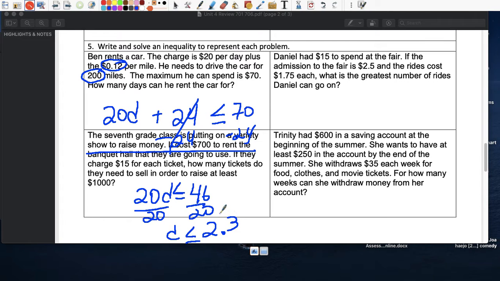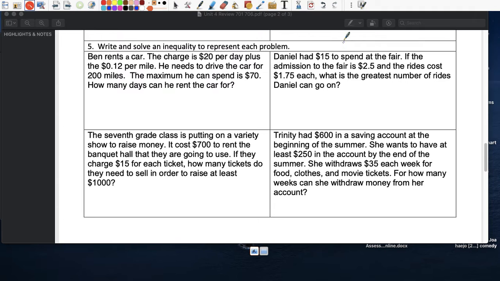So he can rent, I mean, if it's full days, 24 hours, and the car company says you have to rent it by days, then the maximum number of days is 2. But if they allow you partial days, like 2.5, 2.3 or something, then maybe the answer could be 2.3. I don't like this question.